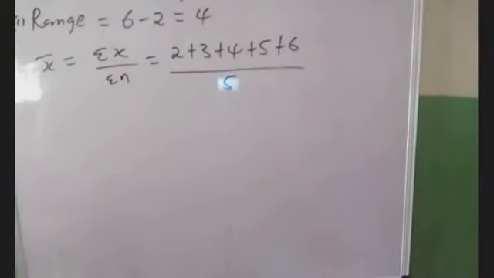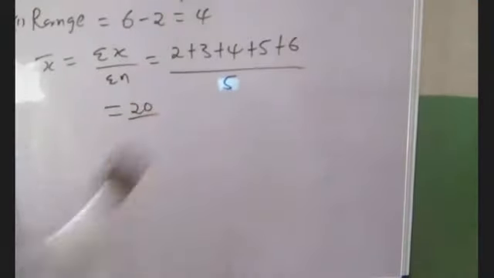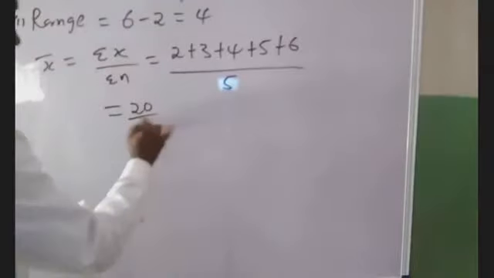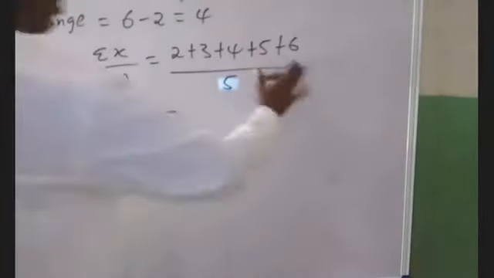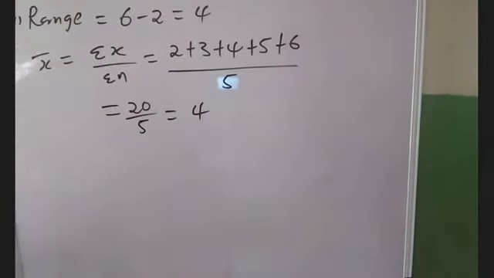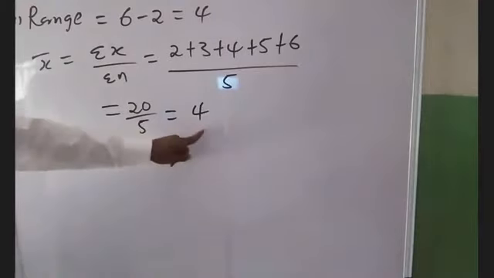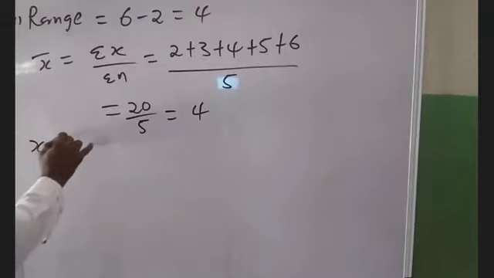If you add that together, you have 20. This is 20 over 5, which is the same thing as 4. So the mean is 4.